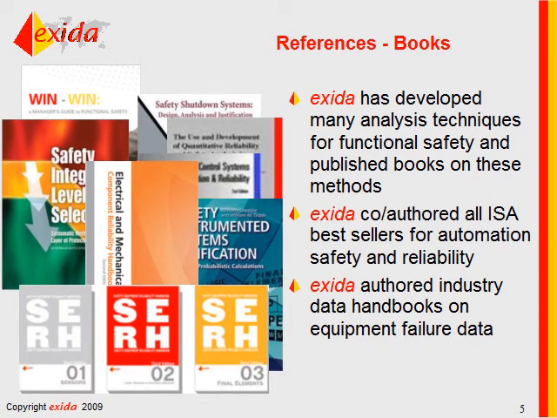We have also published several reference books, and actually not all are listed on this slide, but up to now, all ISA books that have been published by ISA on the topic of safety and reliability have been authored or co-authored by Exida partners, employees, etc. Some may have left Exida since, but the original authoring was all done by Exida. We've published some of our own books.